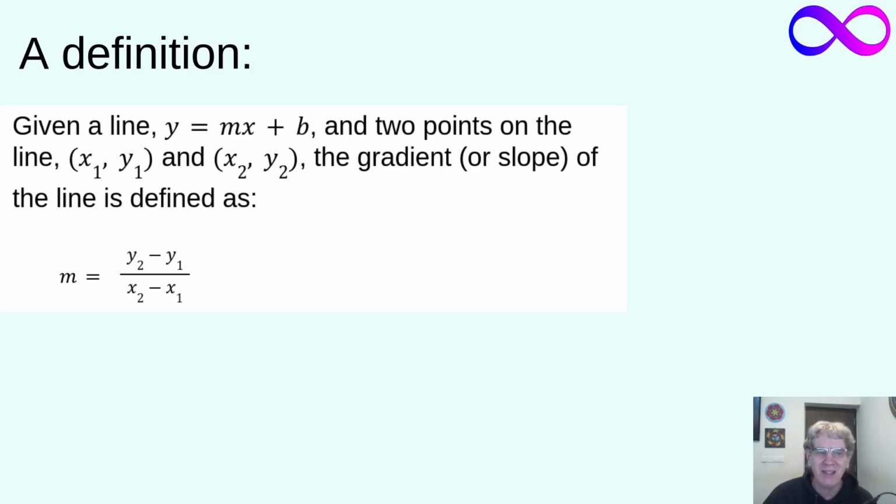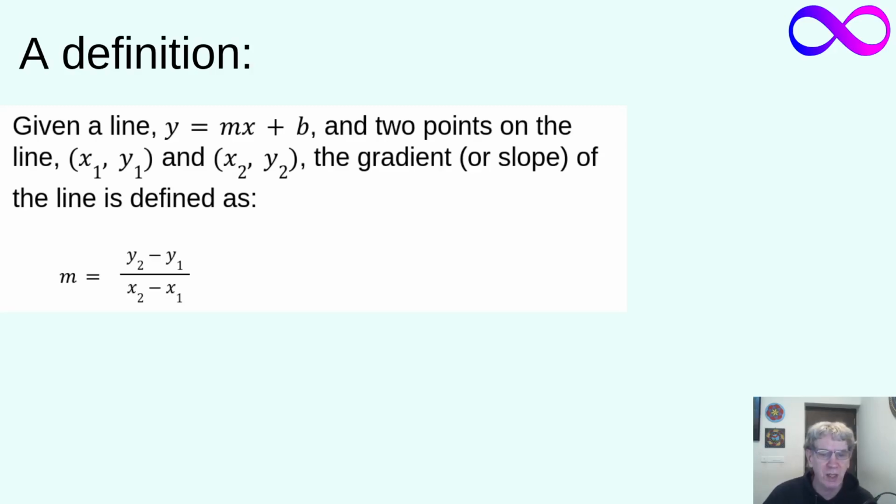So there's a lot here, okay? There's a lot of vocabulary, there's a lot of notation actually. There's some standards, there is a definition, a very clear definition, a precise definition, which is how we like them, and there's this concept of gradient or slope of a line.